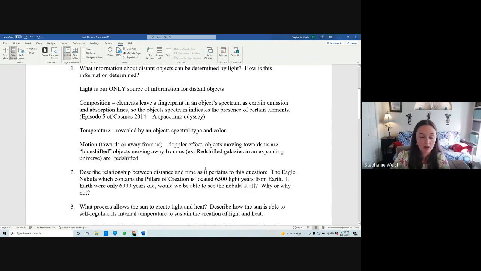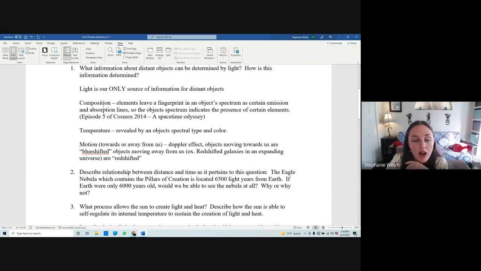Or, in other words, all of those different wavelengths of light are almost stretched outwards. And the bigger the increase in the wavelength, the closer you are to the red end of the visible light spectrum. So therefore, it's red shifted.